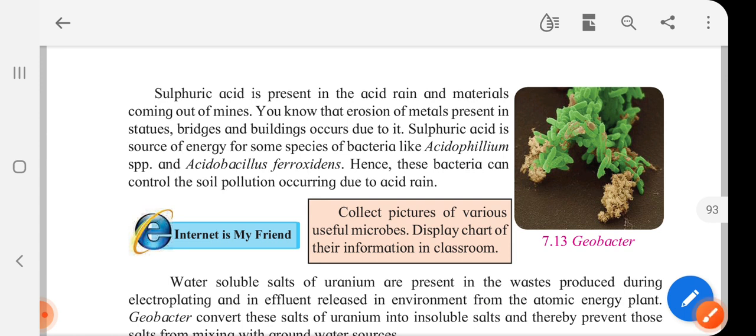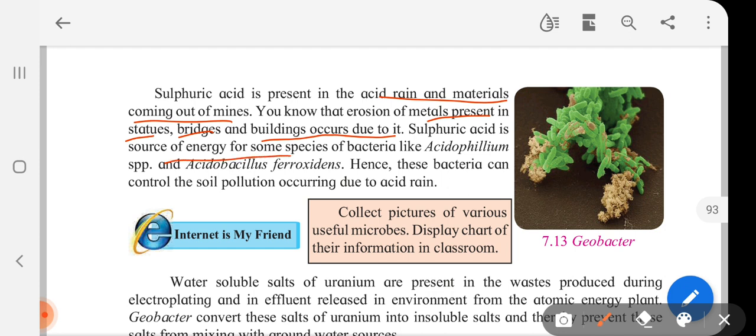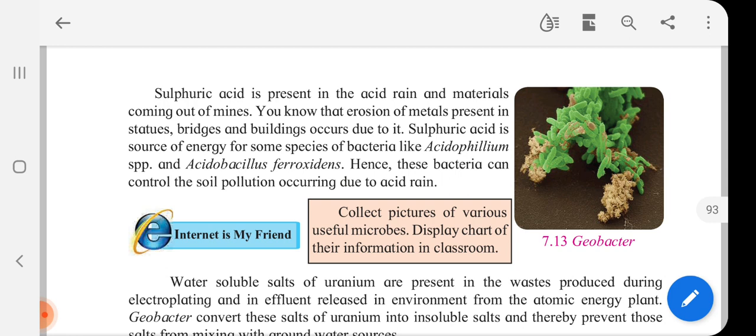Sulfuric acid is present in acid rain and materials coming out of mines. You know that erosion of metal present in statues, bridges and buildings occurs due to it. Sulfuric acid is a source of energy for some species of bacteria like Acidophilium species and Acidithiobacillus ferrooxidans. Hence, these bacteria can control soil pollution occurring due to acid rains.